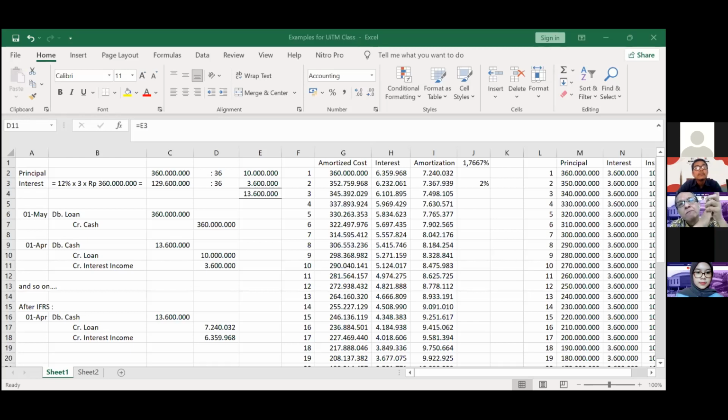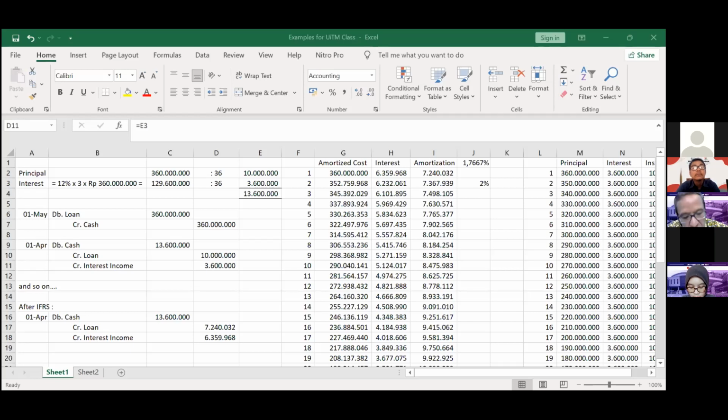Then the accounting standard is that the profit from the hedged item should be exactly the same as the loss from the hedge instrument. So there will be no gain or loss because of the derivative transaction. So the loss from the hedged item should be the same as the gain on the hedge instrument.